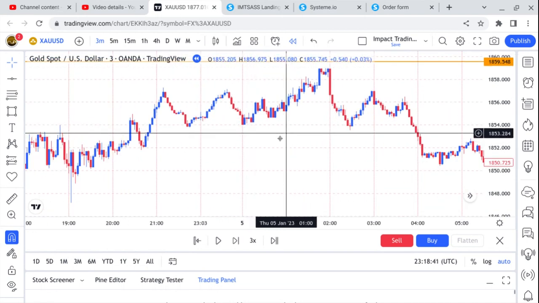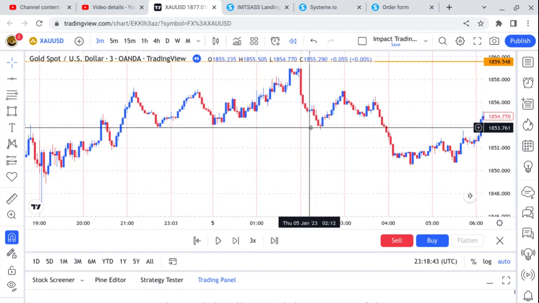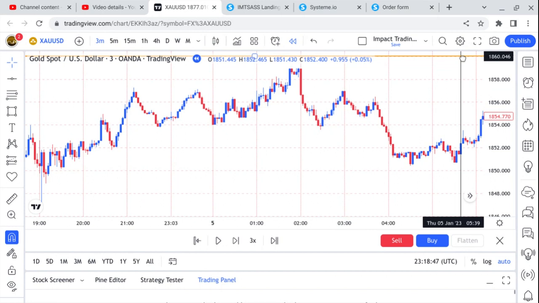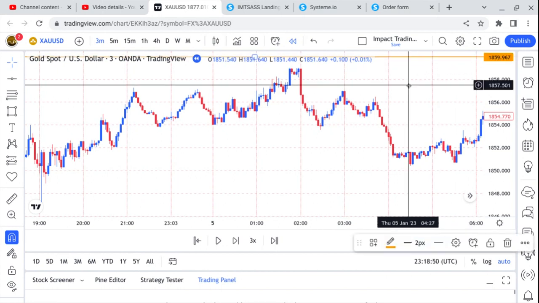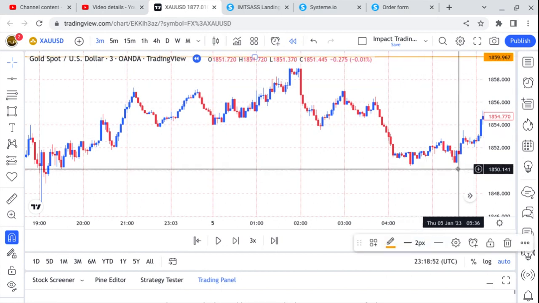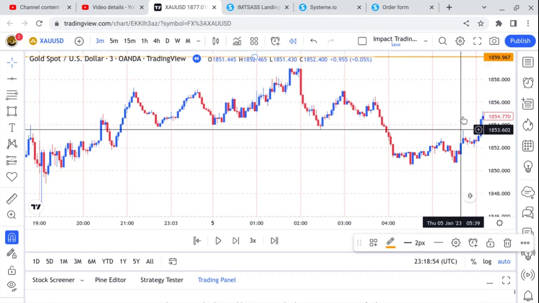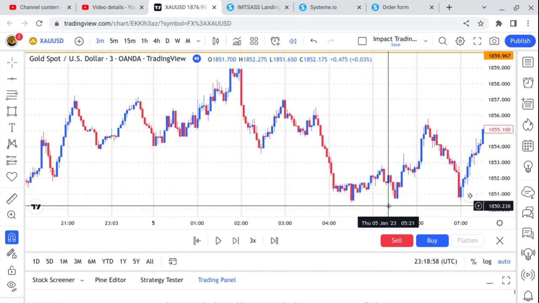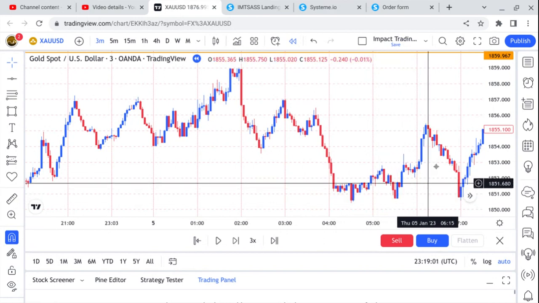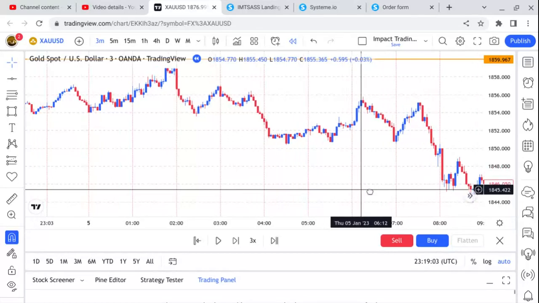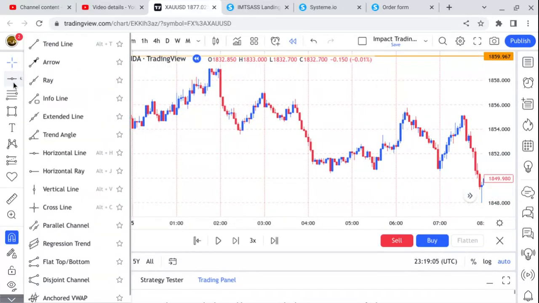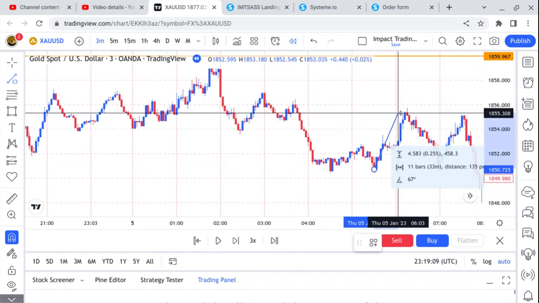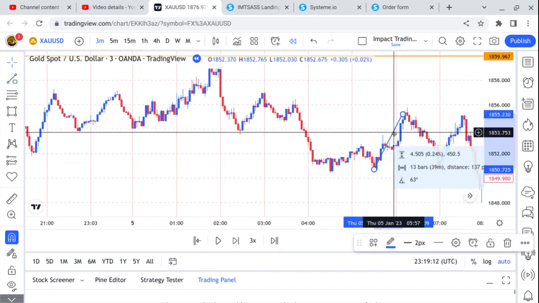So you would have entered 2 o'clock here at the 58060 level, 6050. What did price do at 50? Price at 50 turned around for almost 500 pips.